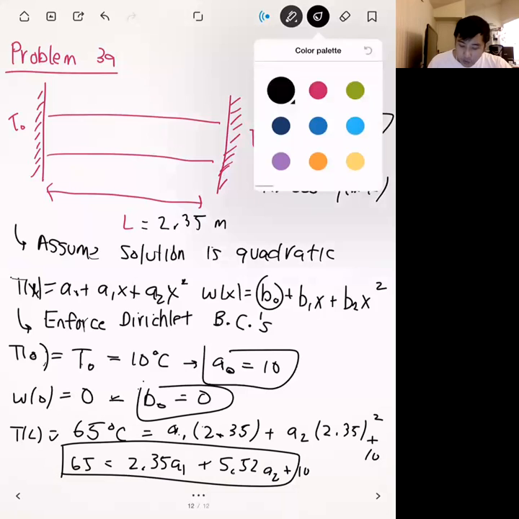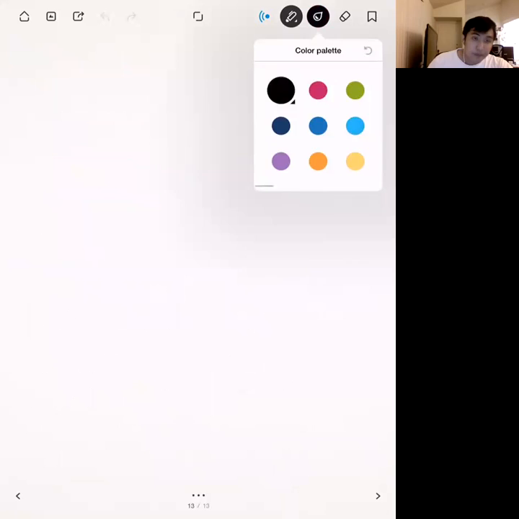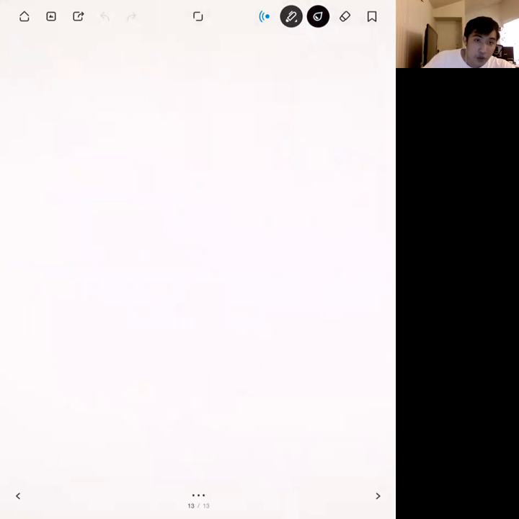And so let's take this equation and let's solve it for A1, okay? And so we subtract 10 from both sides. What we get is A1 is equal to 23.404 minus 2.35 A2, okay? And so again, we haven't solved for A1 outright because we have A2 over here, but we can at least plug this back into our original T of x, okay?